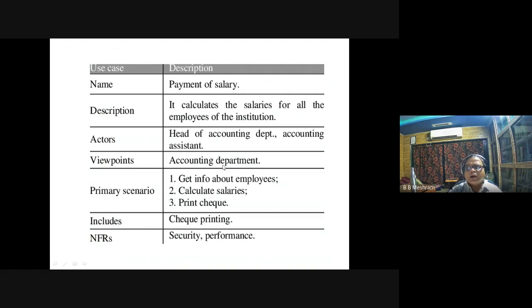Viewpoint is account department. This use case is executed by the account department. Primary scenario: first get information about employees, calculate salaries, and print check. Here include relationship is check printing, and non-functional requirements are security and performance.